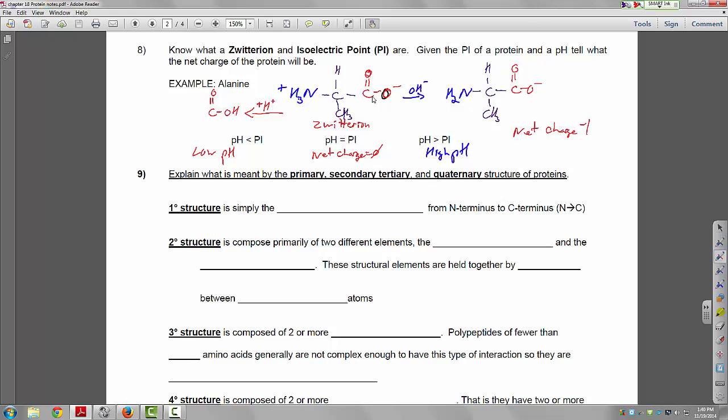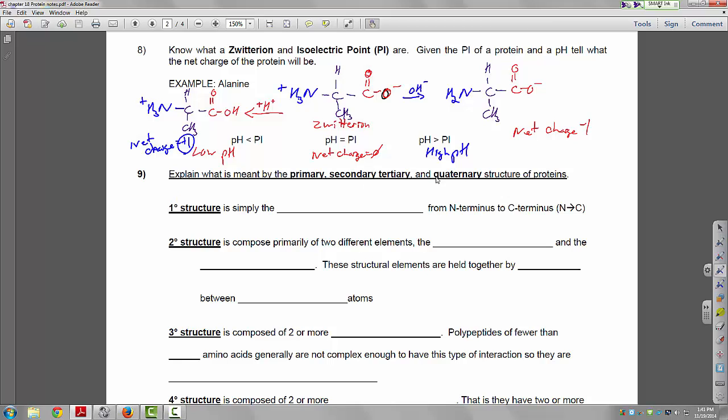Here's our alpha carbon again, and the amino group is still ionized, so it will be NH3+. So now the net charge is +1 owing to this charge on the amino group.